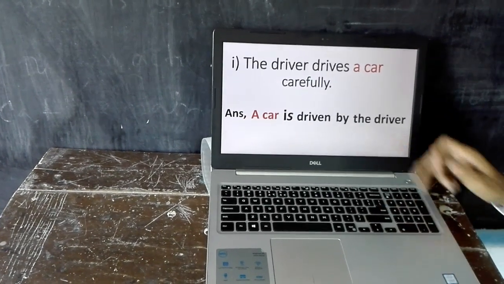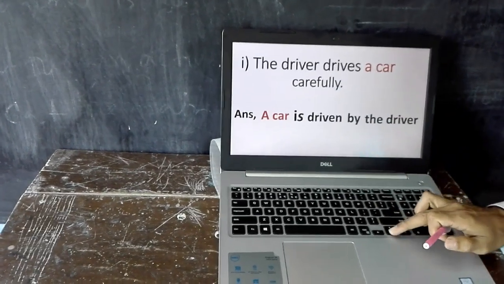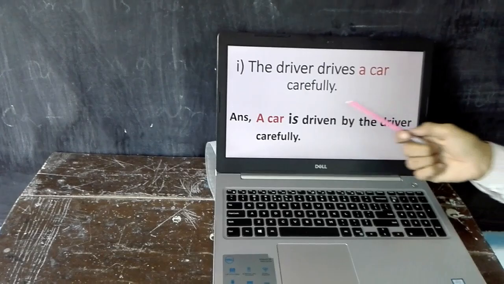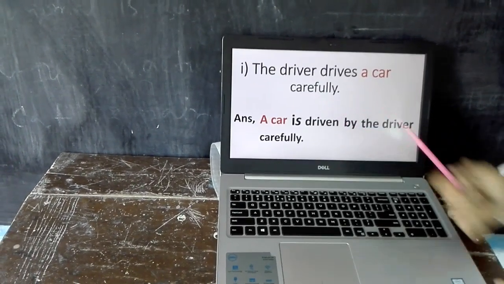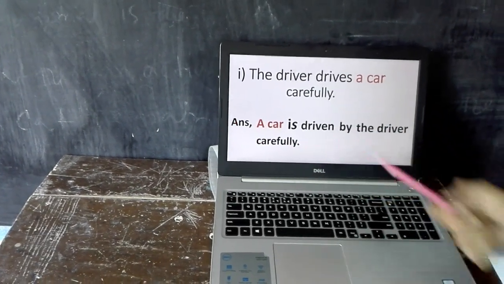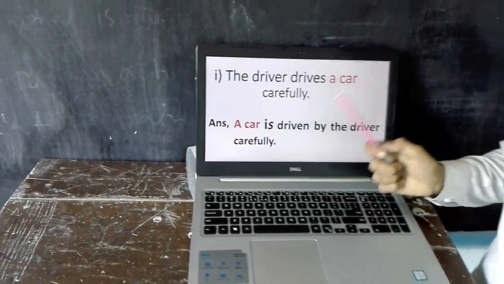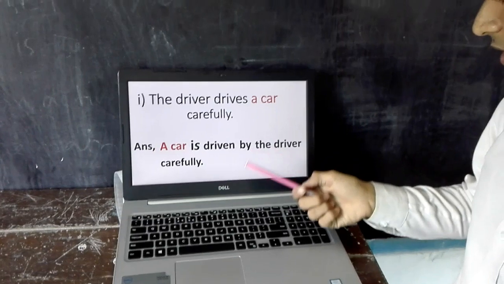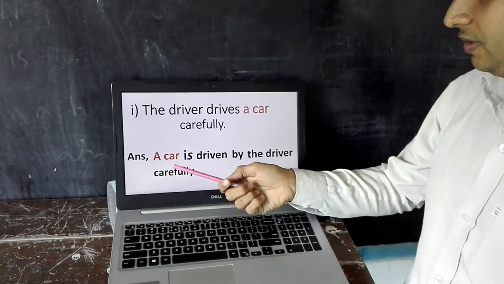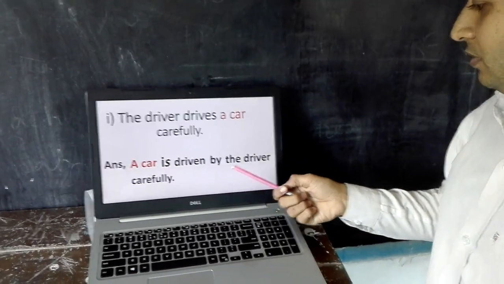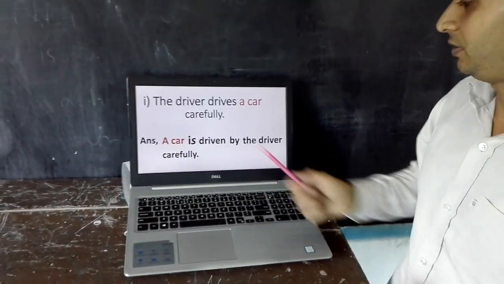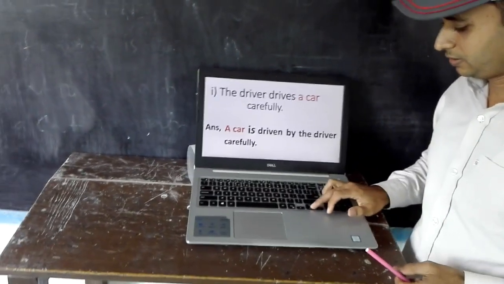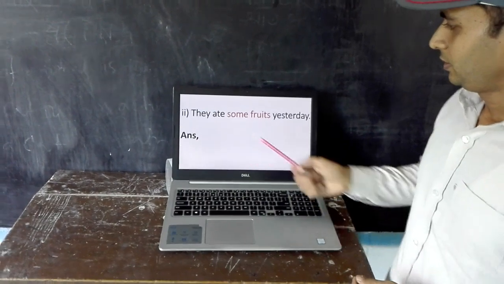Now, after the object, we should write the extension. Here the word carefully is the extension of the sentence, so we have written it here. So the active was The driver drives a car carefully, and the passive here is A car is driven by the driver carefully. Students, let's see the next example.